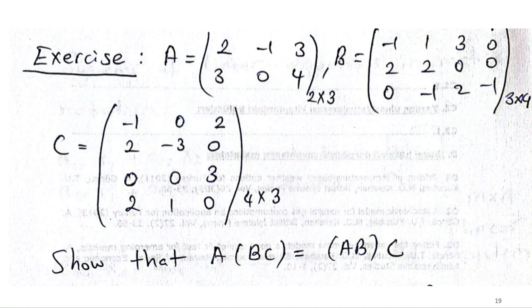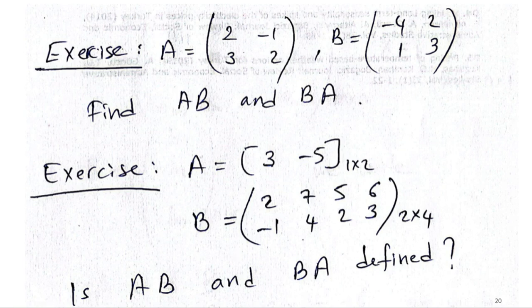The exercise is asking to show that A times B times C is the same as A times B and then times C. Here are another two different exercises. In this exercise, similarly, we want to verify and calculate A times B versus B times A. So you can also easily check if these two are the same or not. And again, similarly, we have A times B versus B times A.